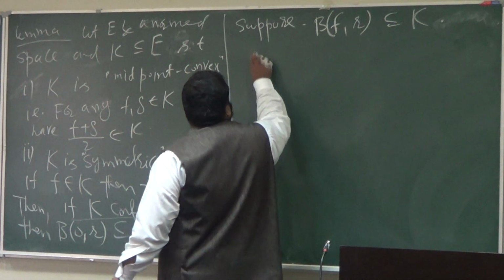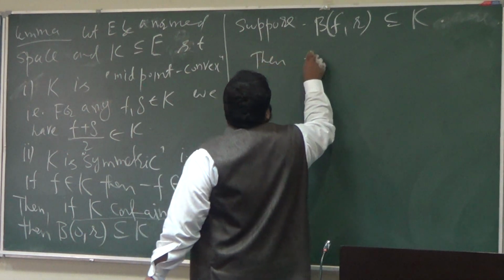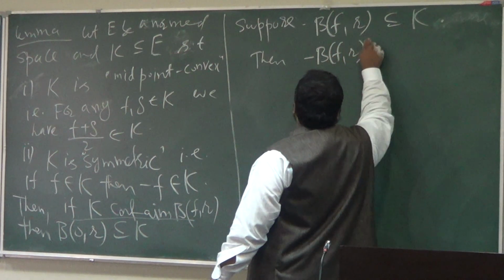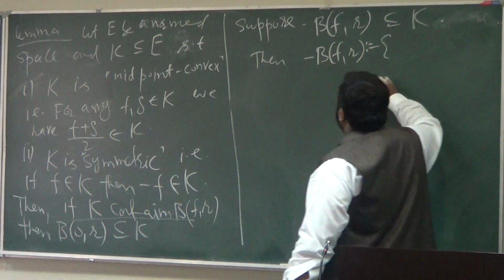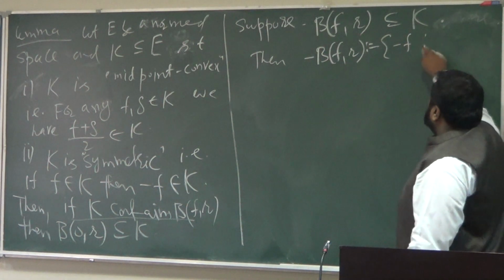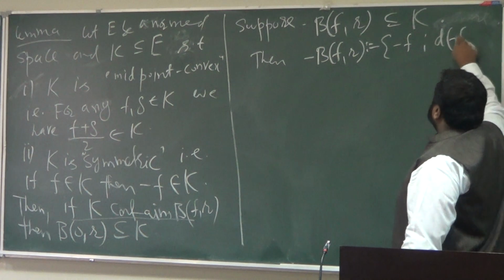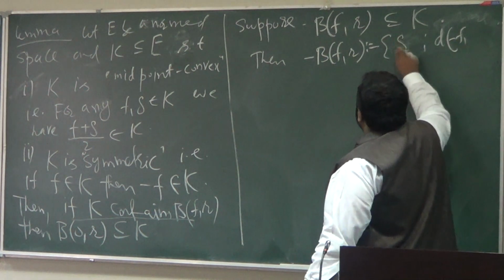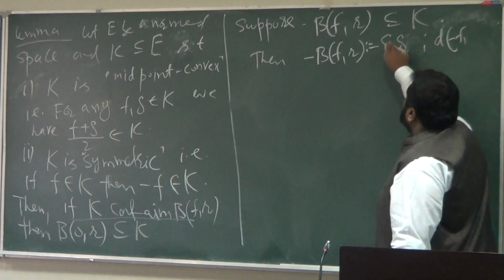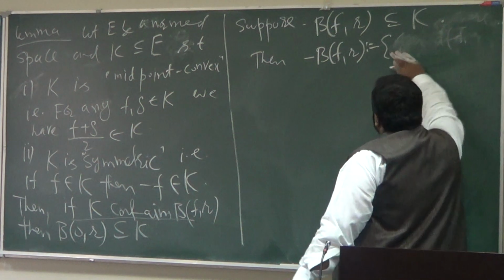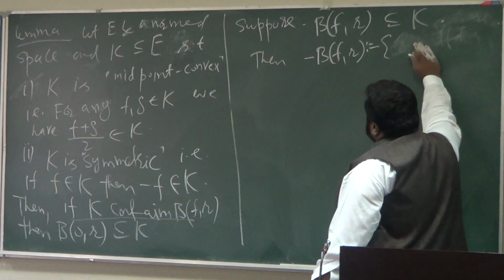Now, if this is the case, then this negation of the ball, okay, it's not really a negation of the ball, it's a collection of negations of f, defined by G is equal to minus f.